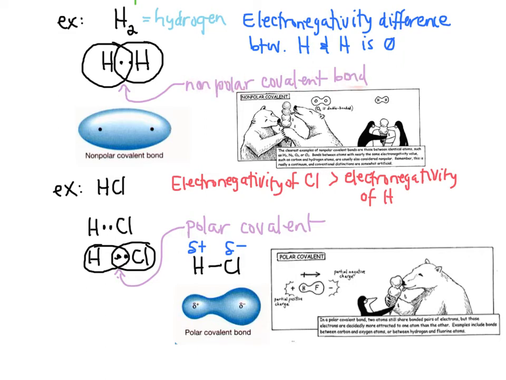A nonpolar covalent bond would be like two polar bears sharing an ice cream cone. They're each pulling on the ice cream cone equally, so they're sharing those electrons equally, or two penguins doing the same. Whereas a polar covalent bond would be like a penguin sharing an ice cream cone with a polar bear. Even though the penguin might get to lick the ice cream occasionally, the polar bear's stronger and is pulling on the ice cream a little bit more.